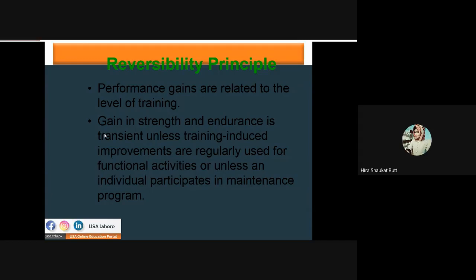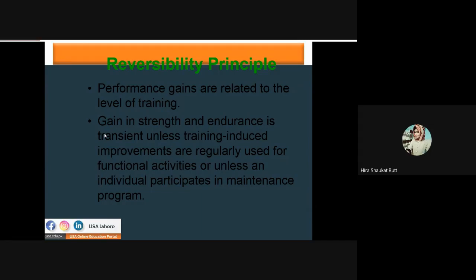Because obviously we must remember that some effects of exercise can be temporary if they are not being used permanently. So this reversibility principle says that the adaptations gained by the exercises can be transient, they can be temporary, if you don't incorporate those exercises for a longer time period, or you don't use them in functional activities.